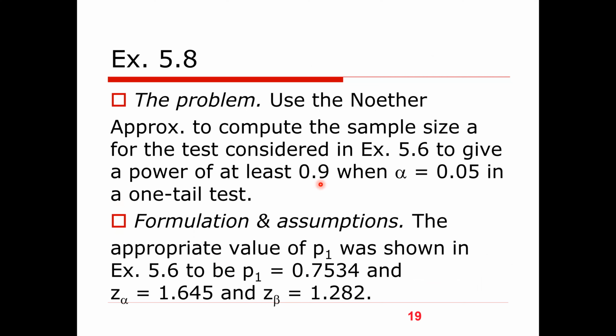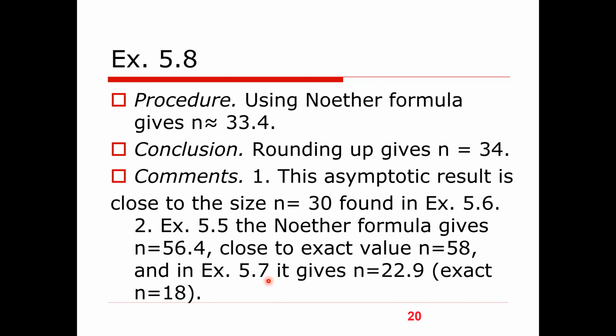Then using the normal approximation, we can get z alpha and z beta here. Then with the probability P1, we can determine the smallest sample size should be this one, right? Since sample size should always be an integer, we need to round it up. So we know that to reach a certain level of power of the test with a confidence level, we should have 34 as the smallest sample size.